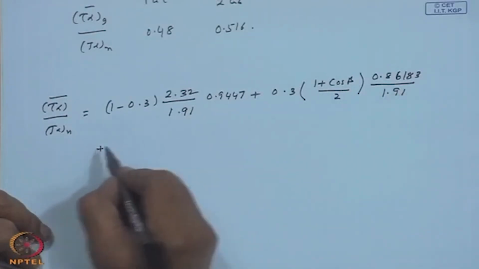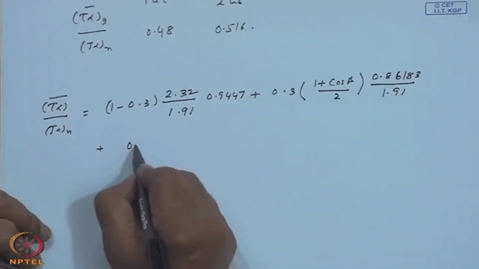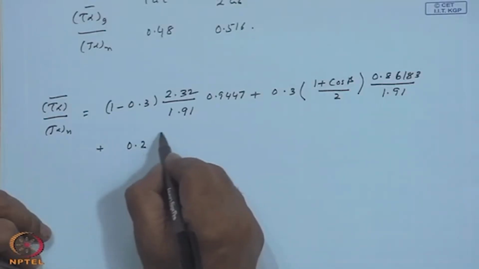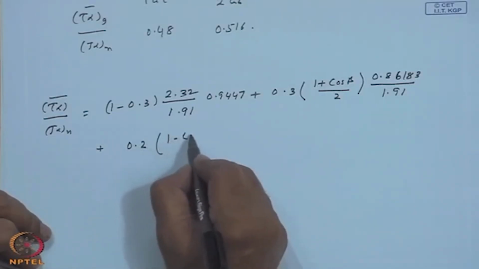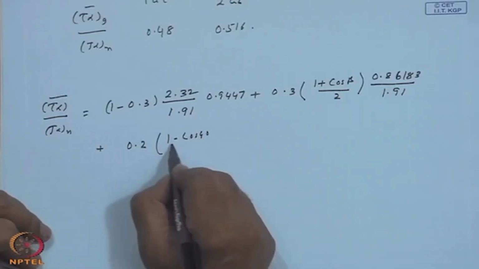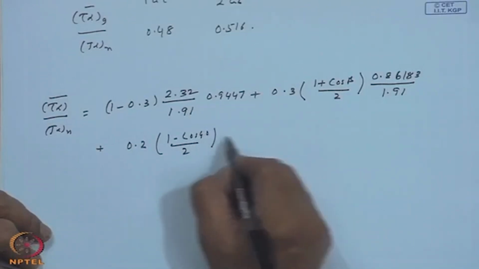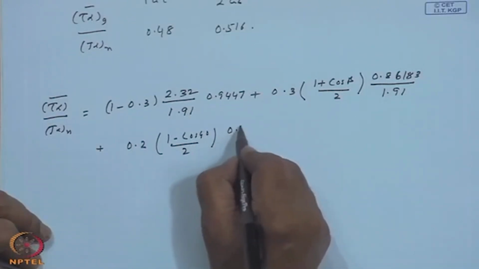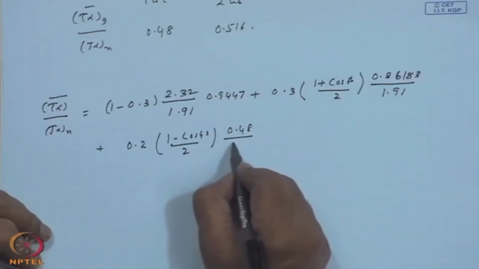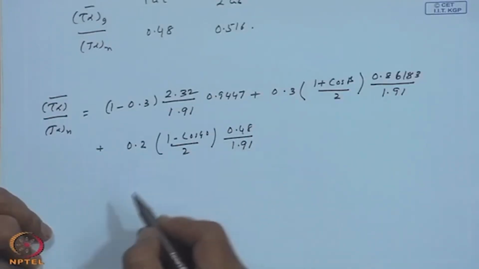The third component will be rho g times 1 minus cos 40 by 2 into tau alpha bar ground effect, 0.48 by 1.91.